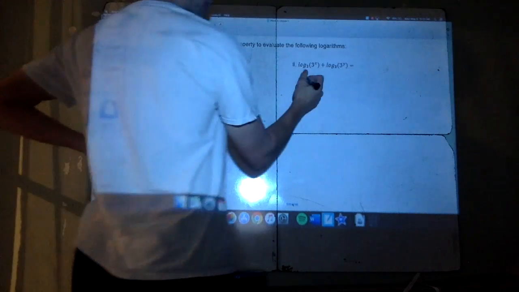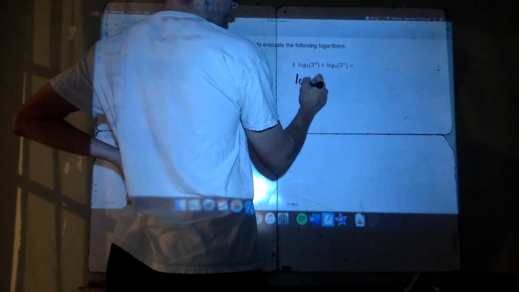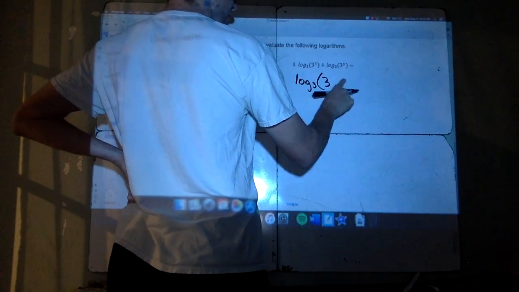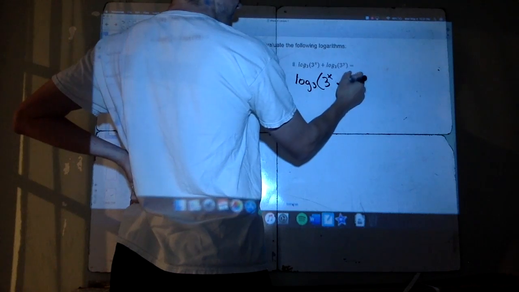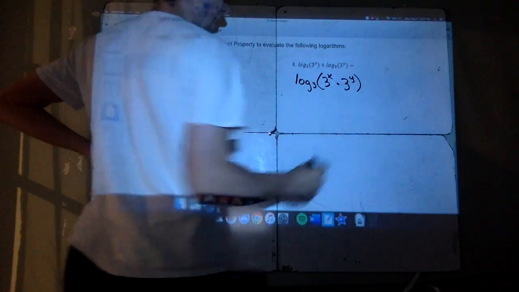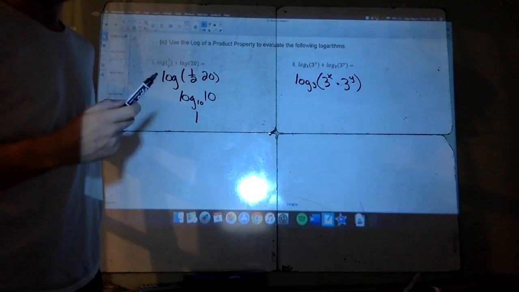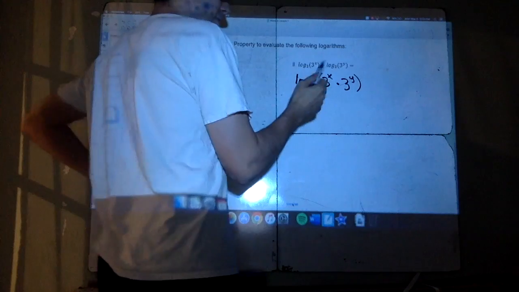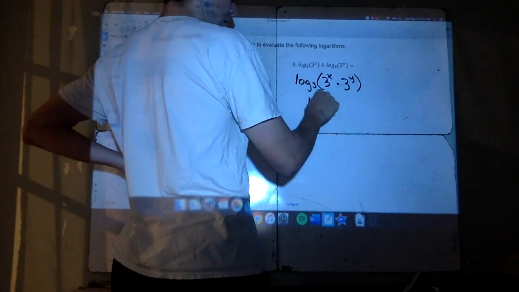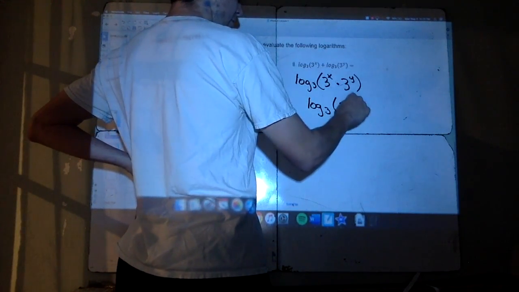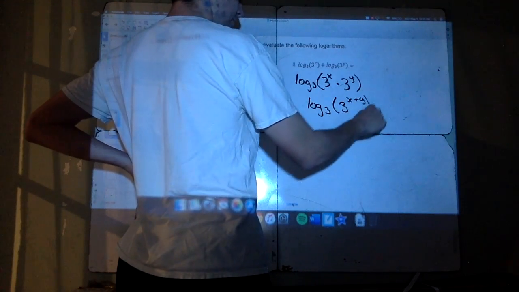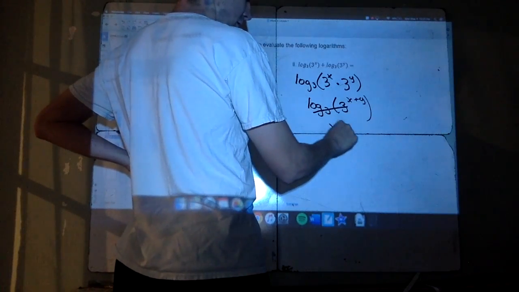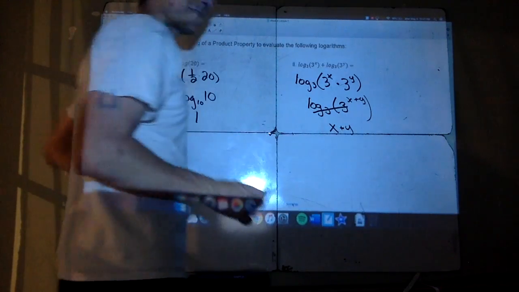On the right one, we're going to combine these, so let's do log base 3 of 3 to the power of x times 3 to the power of y. And with those exponents, we can actually add them. When you multiply two things with similar bases, you can add the exponents. So log base 3 of 3 to the x plus y. And remembering log base 3 and 3 get rid of each other, you just have x plus y as your answer.